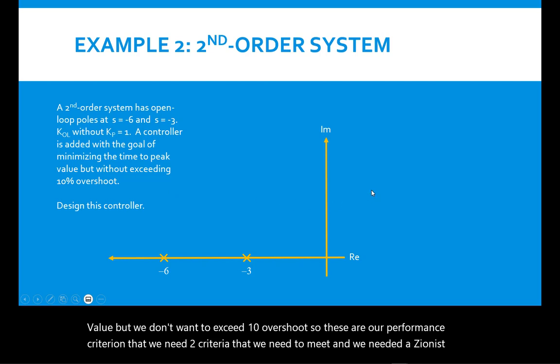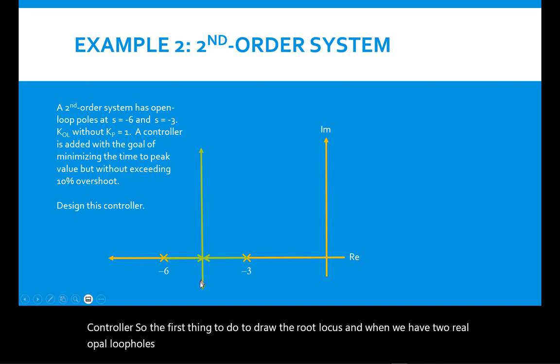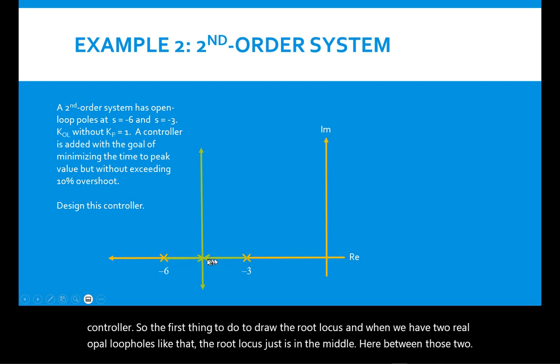So the first thing to do is to draw the root locus, and when we have two real open loop poles like that, the root locus just is in the middle here between those two.